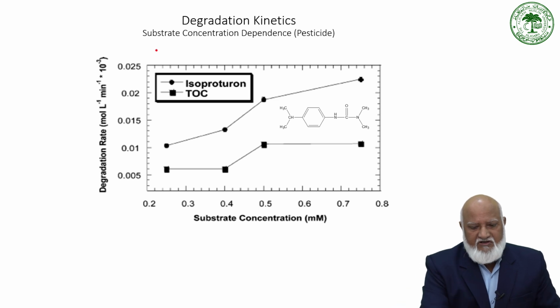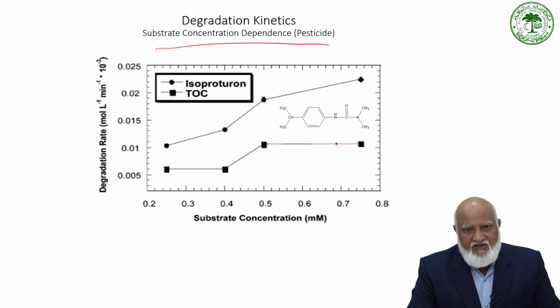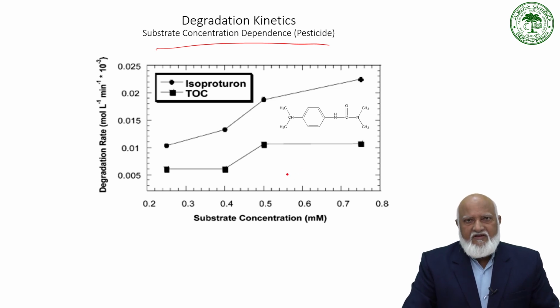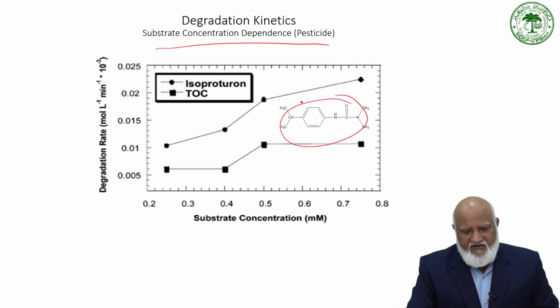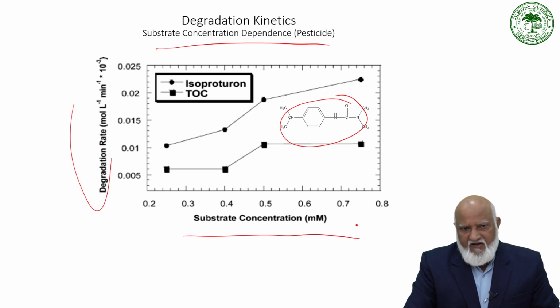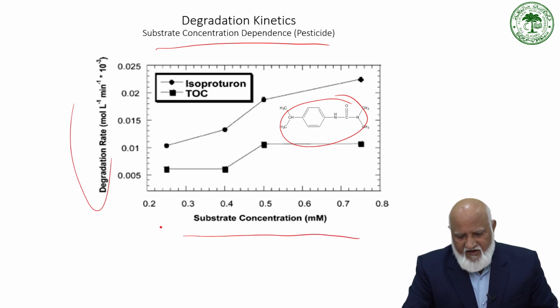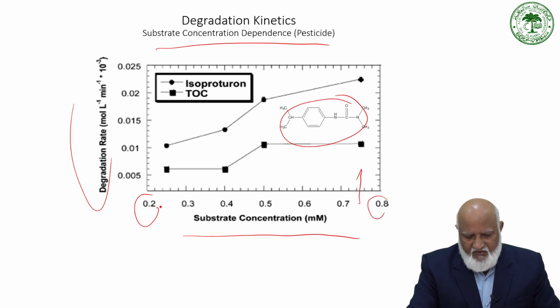The substrate concentration dependence is also important, because in the case of colored compounds, when the color becomes very strong or very dark, the catalyst hardly gets any light. We can see this is the substrate, this is the pesticide derivative degradation rate, and we have varied the substrate concentration from 0.2 millimolar all the way to 2.5 millimolar.